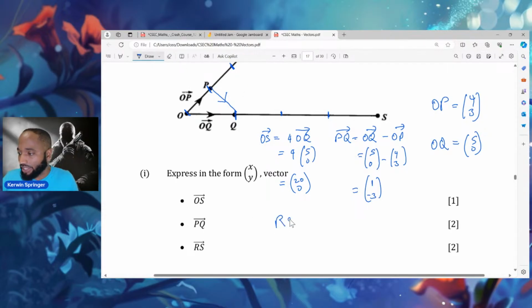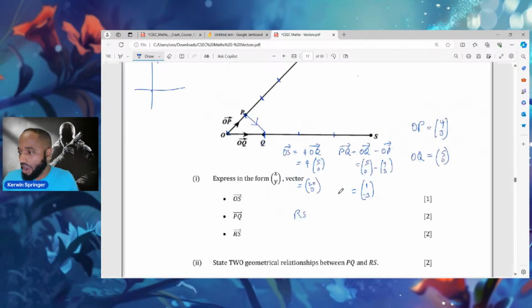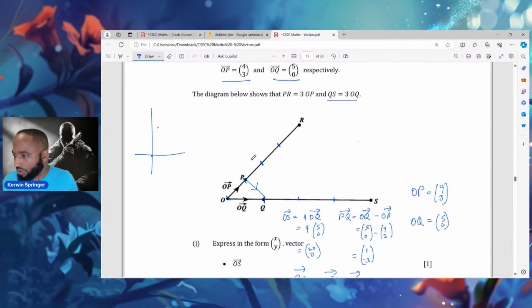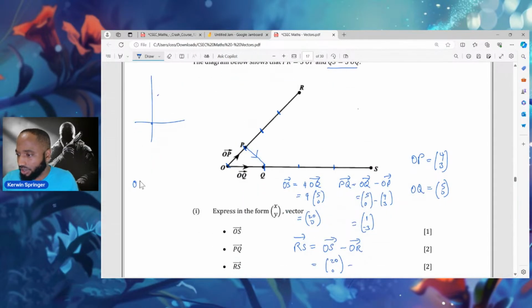Last one, RS. Very similar. RS, we'll use the triangle law, is always the second minus the first. OS minus OR. We just found OS. Where was OS? OS is 20.0 minus OR. What's OR? We didn't find that. OR is actually 4 times OP.